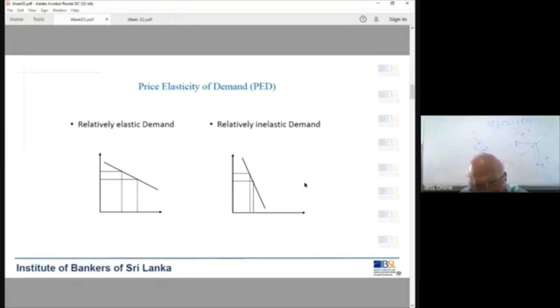If price changes on the y-axis by 1%, the quantity demanded change on the x-axis is larger than the y-axis change. For inelastic demand, the y-axis change is larger than the x-axis change: relatively inelastic demand. Price changes by 1%, quantity demanded changes by 0.6%. Here price changes by 1%, quantity demanded changes by 3%.